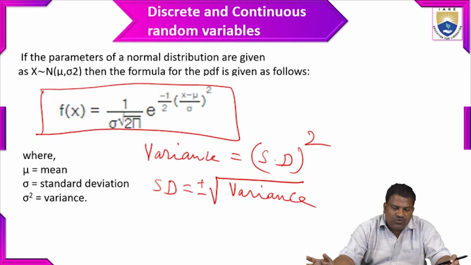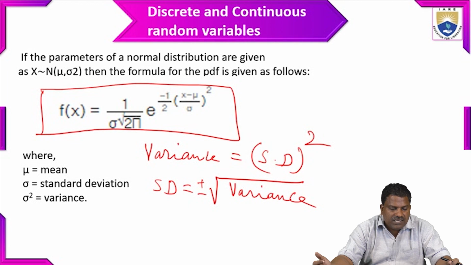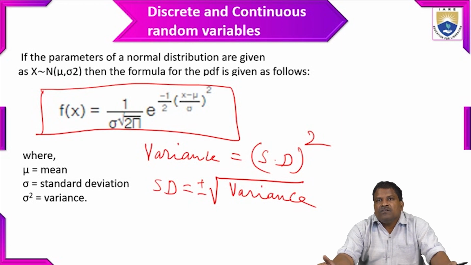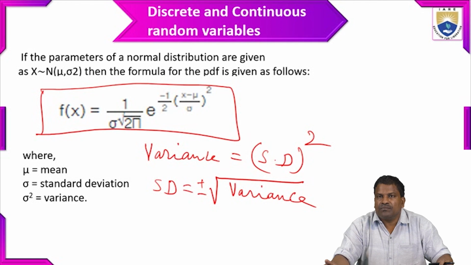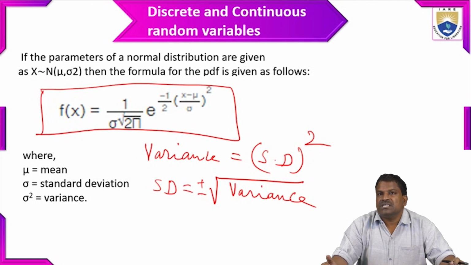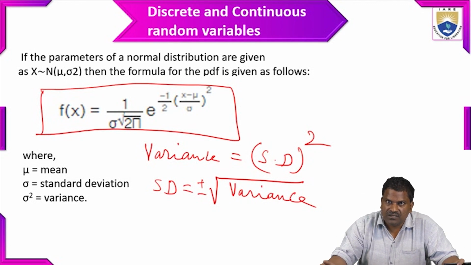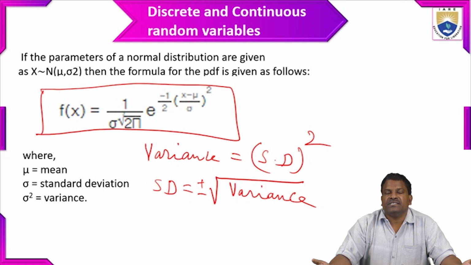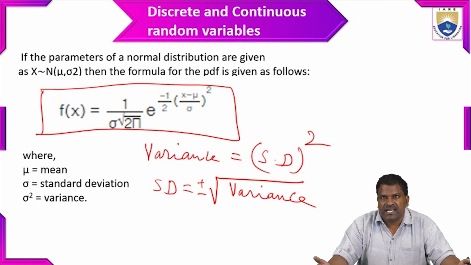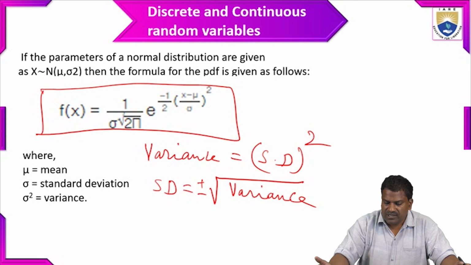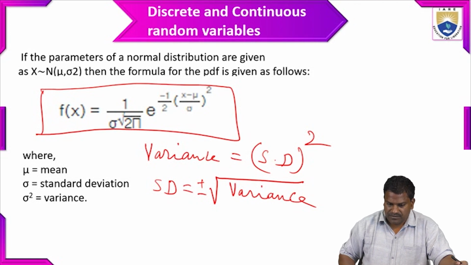Here mu is mean, sigma is standard deviation, and sigma square is variance. So variance is equal to square of standard deviation. So standard deviation is equal to plus or minus square root of variance.